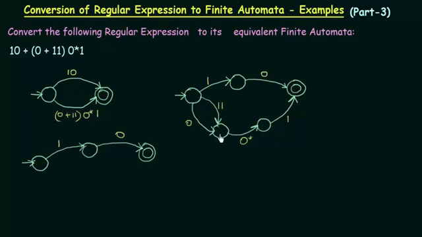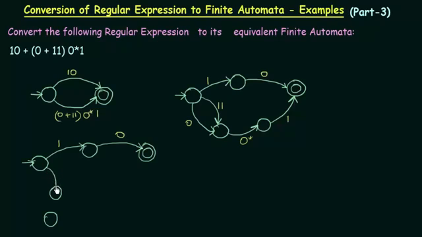Alright, so let us expand this. Here we see that we have 1 1. When we have symbols of this form, I told you we have to make two separate states for the symbols. So let me make a separate state over here, and this state will come as it is over here like this.